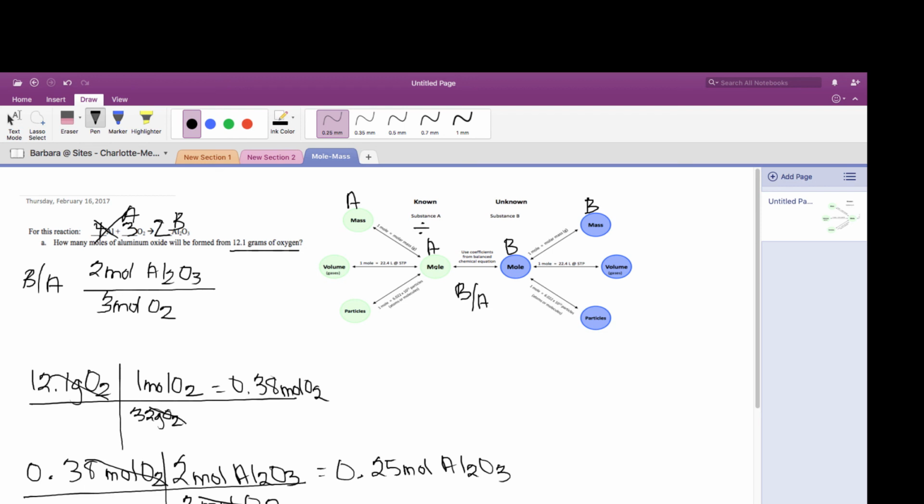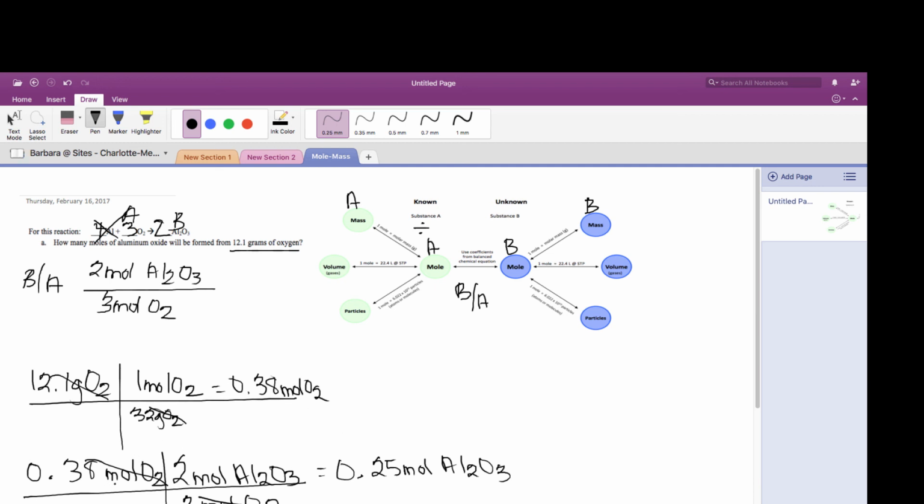Now that I'm at moles of A, I can go from moles of A to moles of B. To do that, you use the mole ratio, and your mole ratio is always set up as B over A. So 2 moles of aluminum oxide over 3 moles of oxygen. I plug it into the second step of the problem.